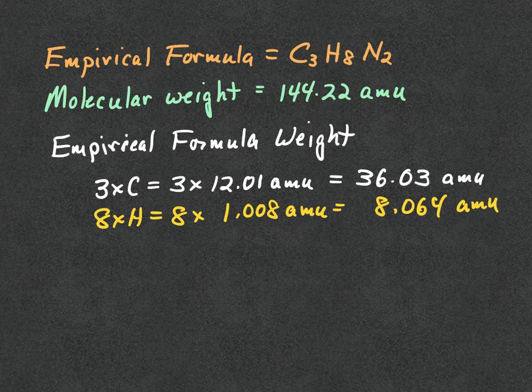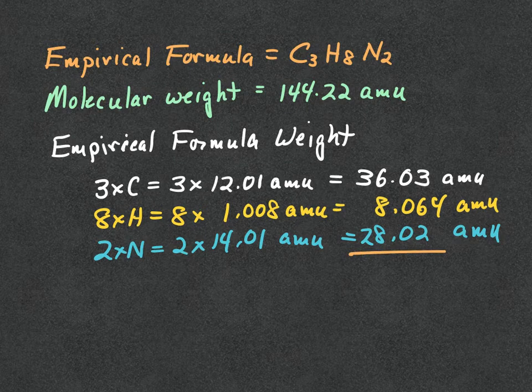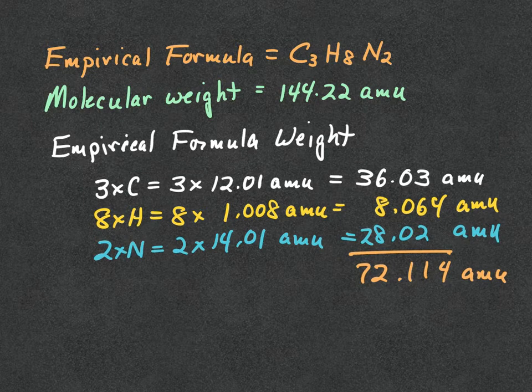And then we have 2 times nitrogen, which is 2 times 14.01 atomic mass units. That gives us 28.02 atomic mass units. Right? When we sum that up, 72.114 atomic mass units. So, our empirical formula weight does not match our molecular weight.